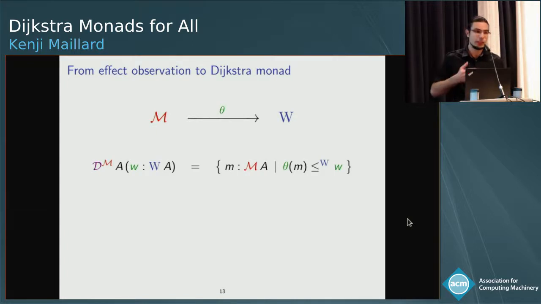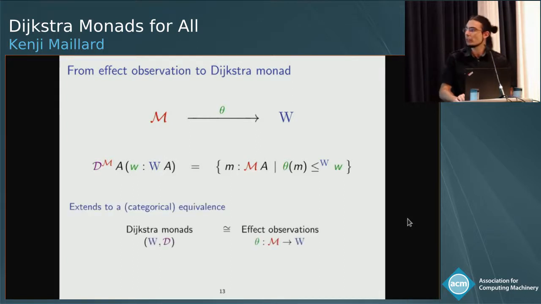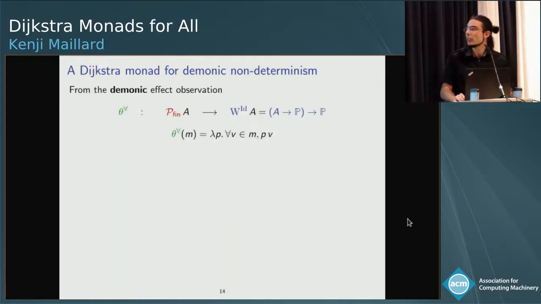Namely, taking the Dijkstra monad at type A and specification W to be those computations in M of A, such that the specification assigned by the effect observation to this computation is stronger than the outer specification W. And using this construction, we can actually show that there is a categorical equivalence between, on one side, Dijkstra monads, and on the other side, effect observations. So let's put that in practice.